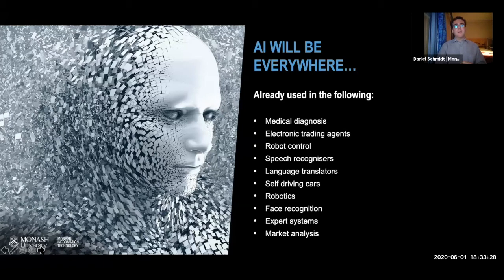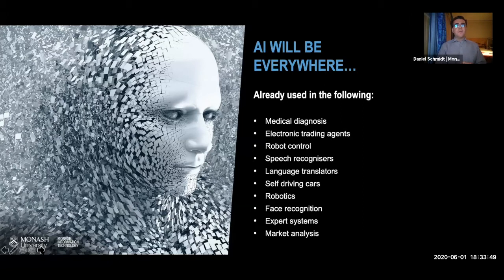So I guess it's good to start with saying, what is artificial intelligence? I'm sure you've all heard buzzwords floating around. Well, artificial intelligence is about creating systems that appear intelligent or emulate what we would consider to be human intelligence.